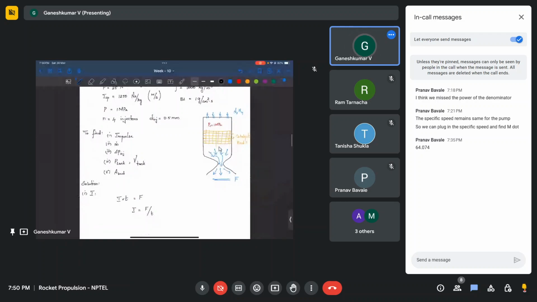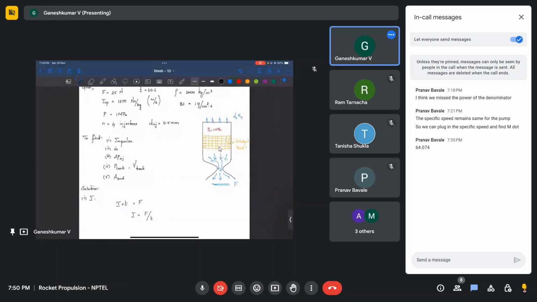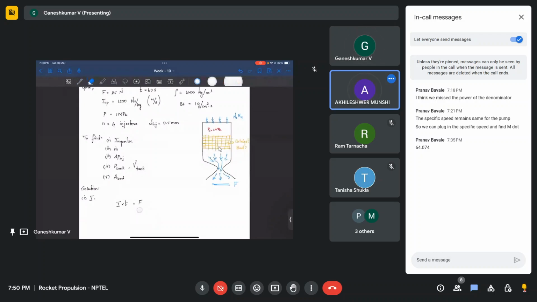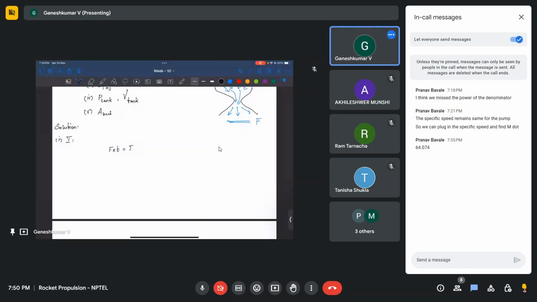So what is the impulse? Actually, it's the other way around. I heard someone saying that. Impulse is force into time, not impulse times time. Okay, very good. Yeah, it's force into time.